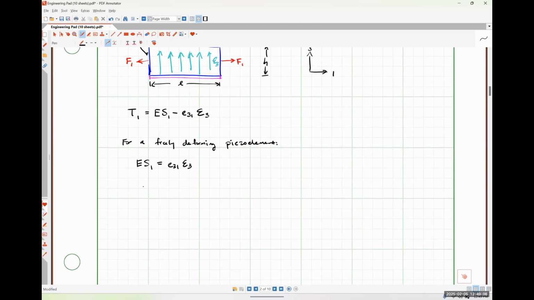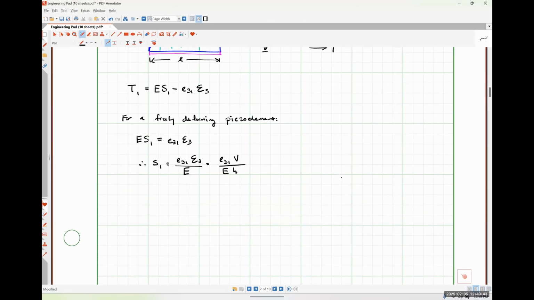And we could reorganize this pretty easily and find that our strain S1 is E31, the piezoelectric coefficient, multiplied by our field in the 3 direction, divided by our Young's modulus. Once again, our electric field is just our voltage over our height. So that would be E31 V over E times H.